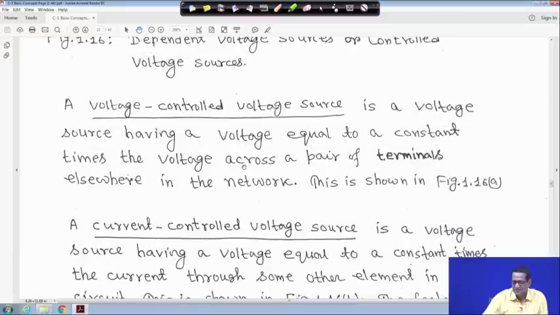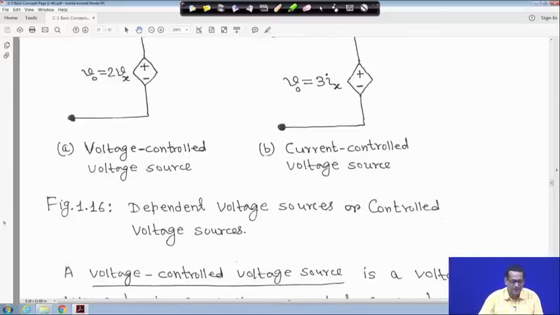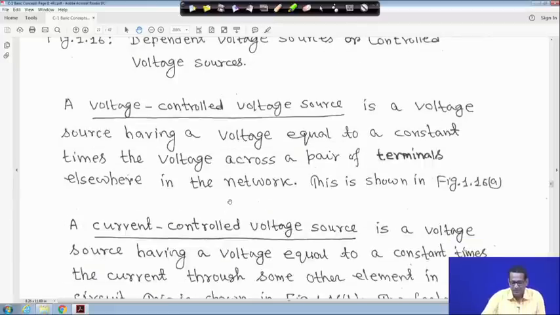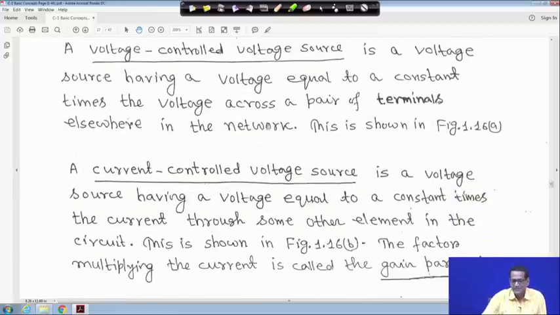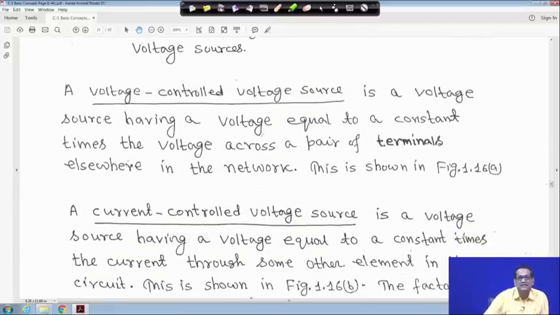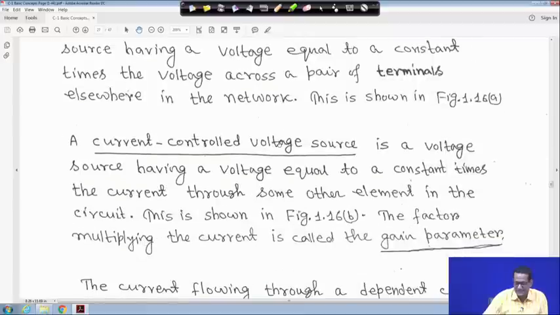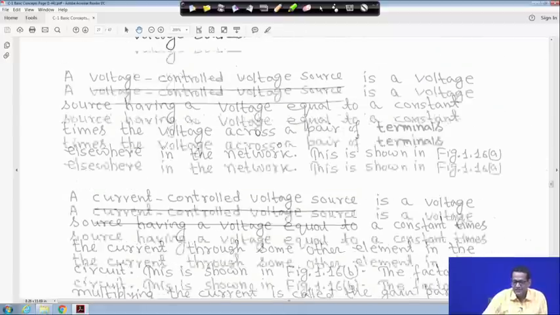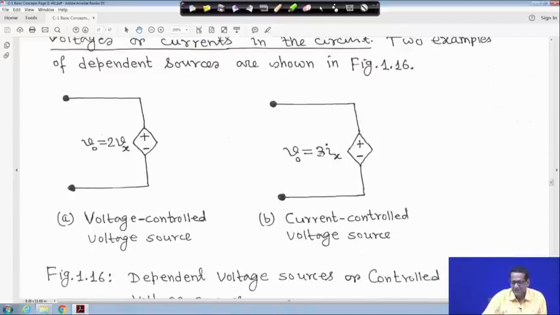Whatever I said is written here in figure 1.6a, b, so I am not reading further. The only thing is that when the source depends on the current, the parameter 3 is called the gain parameter, right.